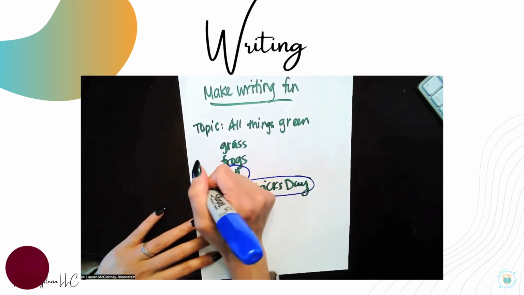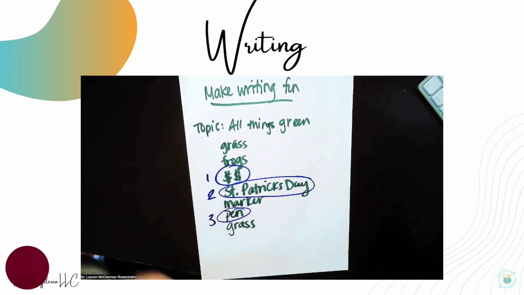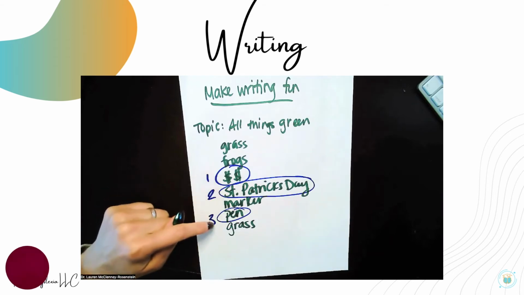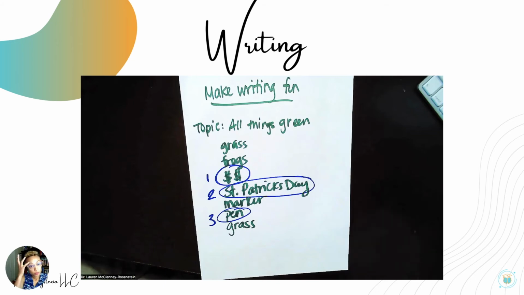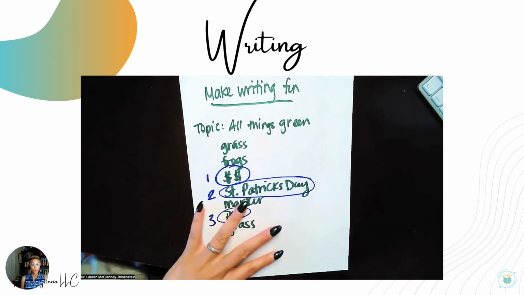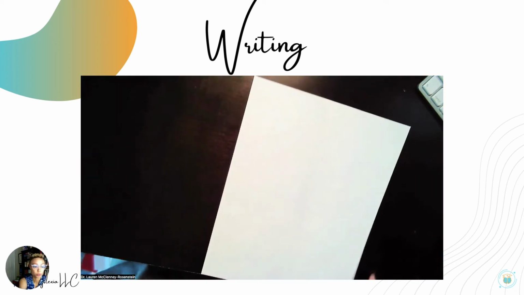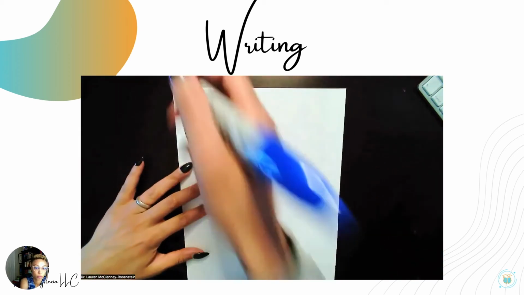Boom, 3 things. 1, 2, 3. So in theory, these are 3 paragraphs. Okay, so that's the first step right there: list all things that are green, give them some time, then they choose 3 things that they can actually write about. Then we move on and focus on our 3 things.